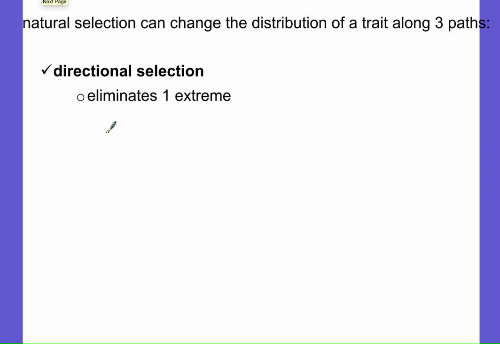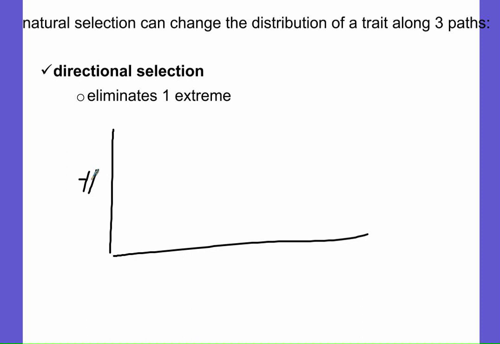So our first example was just this directional type selection where you had a number of organisms, you had some trait that exists in a continuum. So you had the bacteria that had a very low resistance to the antibiotics, and you had those highly resistant bacteria as well.